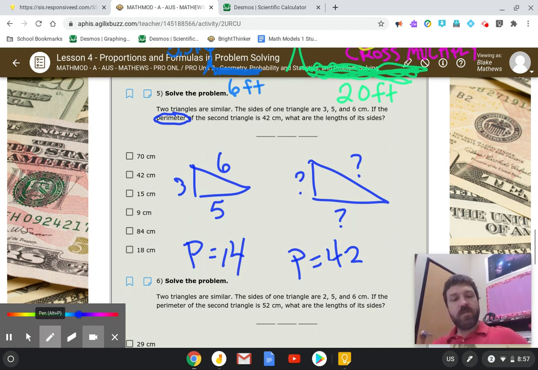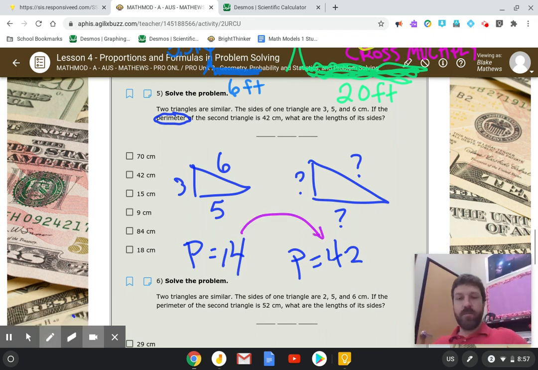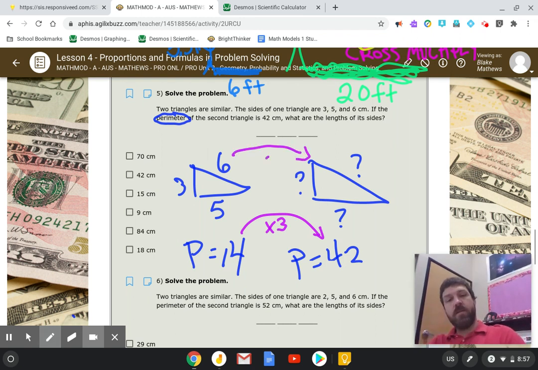So the question becomes, how did we get from 14 to 42? And with a little bit of guessing or checking, or just knowing your multiplication, we multiplied the perimeter times 3. And since perimeter is a measure of length, and the sides are a measure of length, we know that in order to get from this figure to this figure, we need to multiply everything times 3.